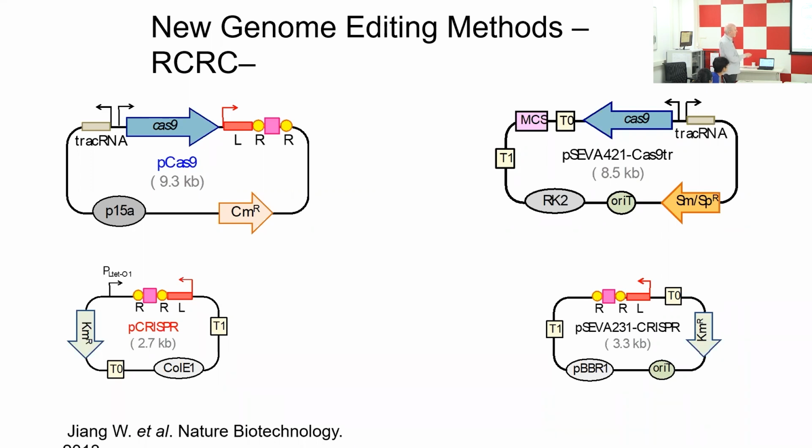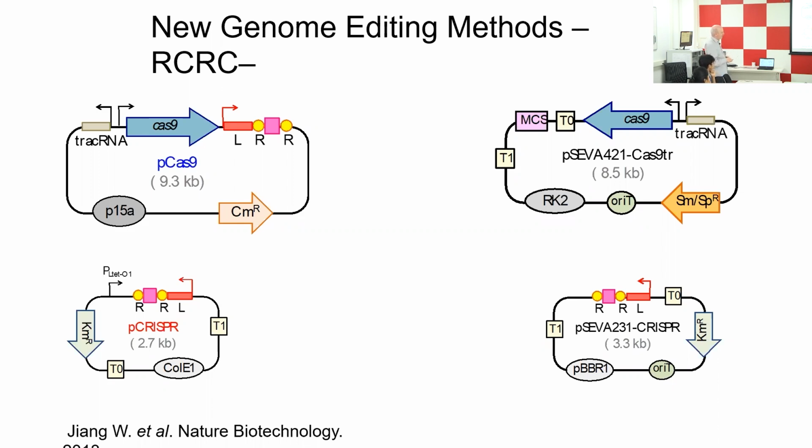And there are some variants of it where you can have the two separated. If you go through the literature, there's a tremendous variety of systems based on CRISPR-Cas9 that eventually do exactly the same.